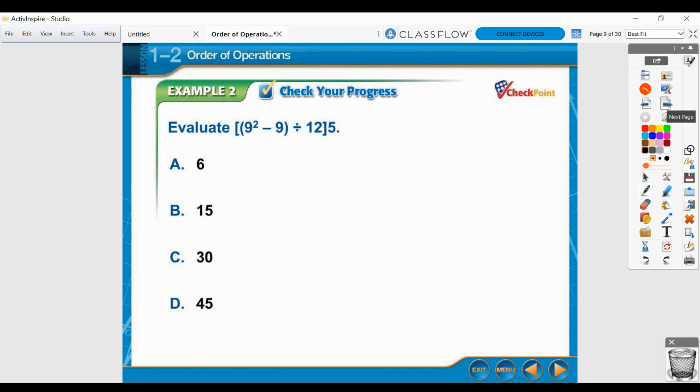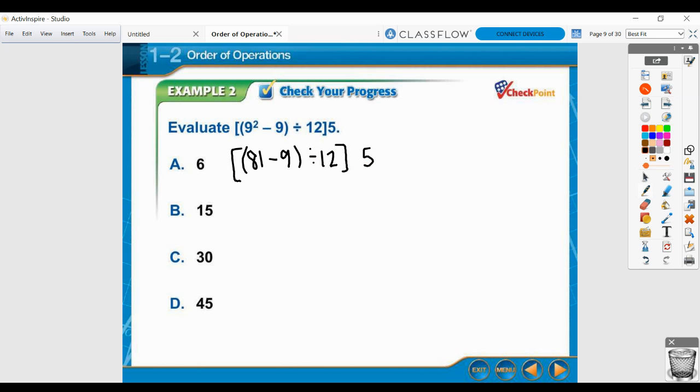Okay, so this one, we have parentheses and brackets. Brackets are just another form of a grouping symbol, and they act like parentheses. So we want to do the brackets before anything else as well. But we're going to first do the parentheses. 9 squared is 81 minus 9. Then we want to divide by 12.